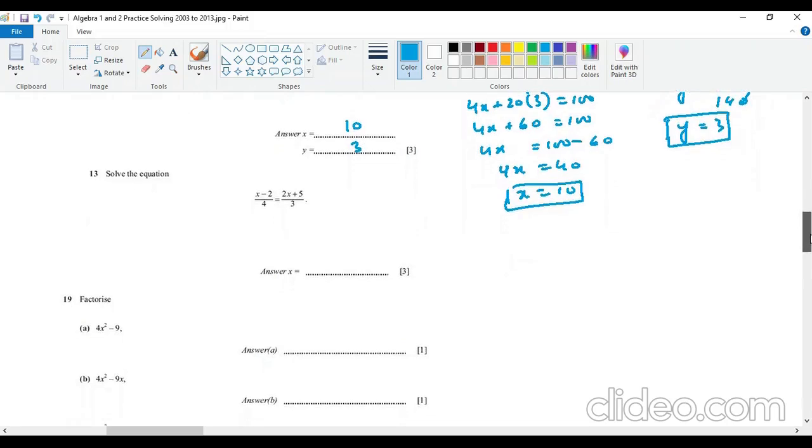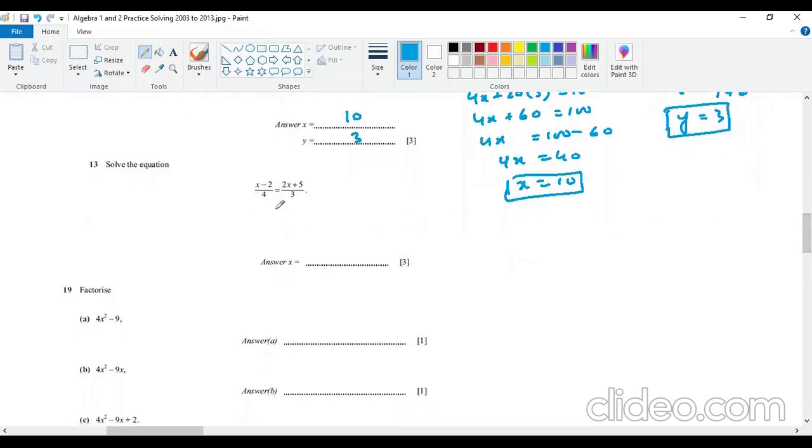Now comes this. This is a fraction and you have an equal sign in between. So you will cross multiply. You will multiply x minus 2 with a 3, and you multiply 4 by 2x plus 5. So finally what you have is 3x minus 6 and 8x plus 20, and I'll keep x on this side.